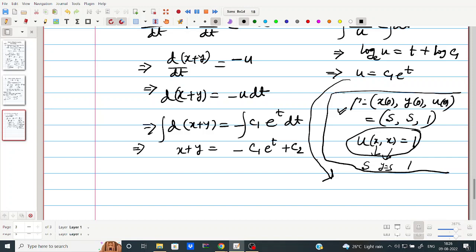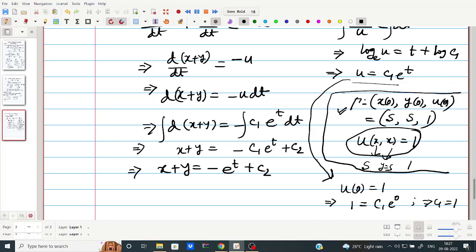So I got c1 equal to 1, right? Putting this c1 value here, x + y equal to −e^t + c2. So y equal to c2 − e^t − x, right?